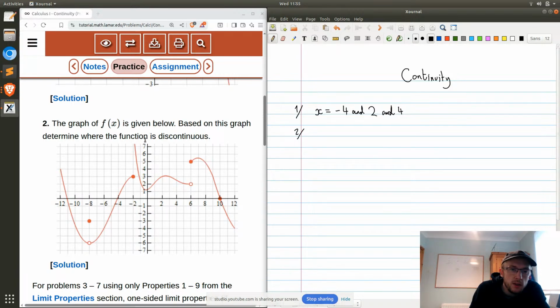Where is it discontinuous? -8, -2, and 6.